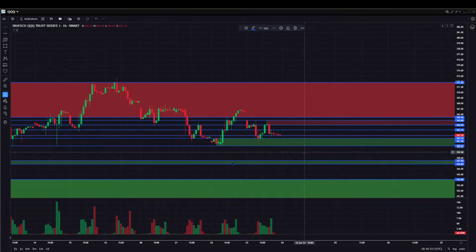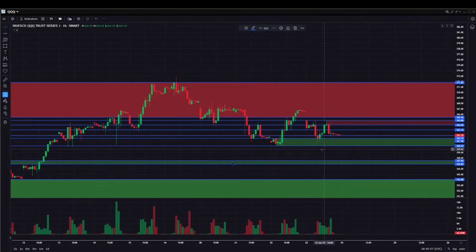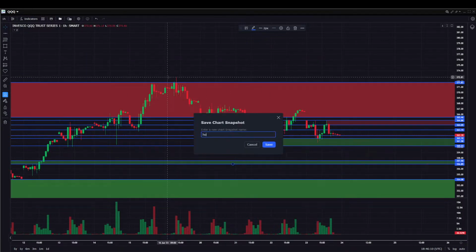Feels like the price action is moving a lot smoother. Especially if we're going to be getting this kind of price action down. If we do fall below here, I'm definitely interested in playing some QQQ. And that is my hourly zones for QQQ.